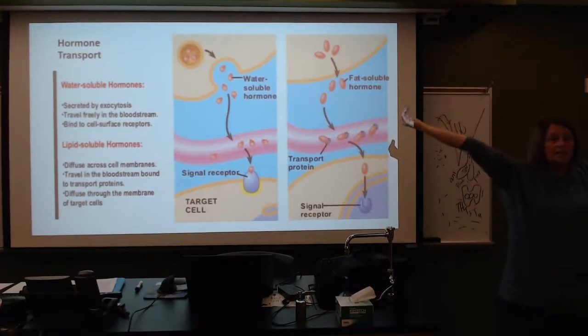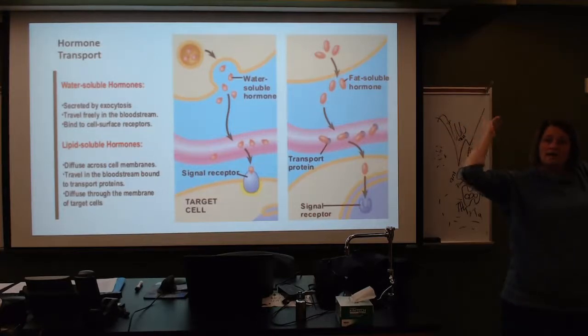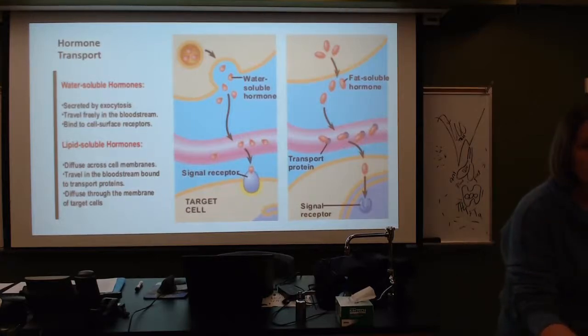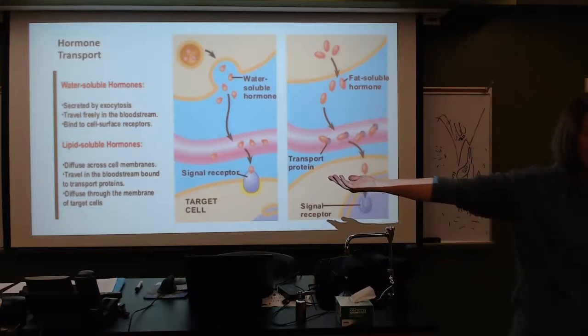If this is my DNA strand, I've got them located all the way down my DNA strand. They're called our genes. Genes code for what? A protein. That's the only thing they can make.